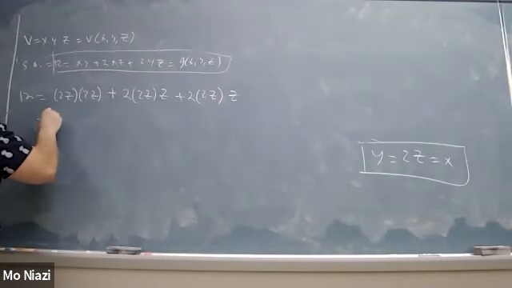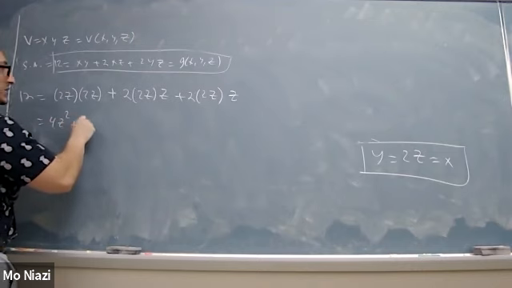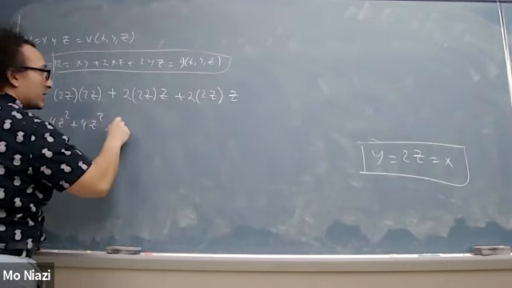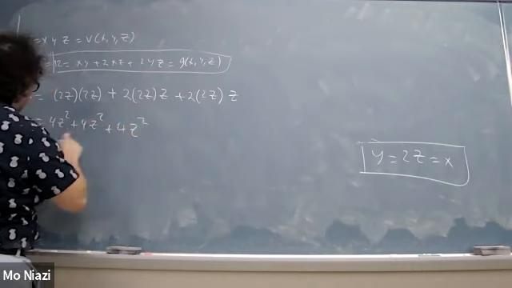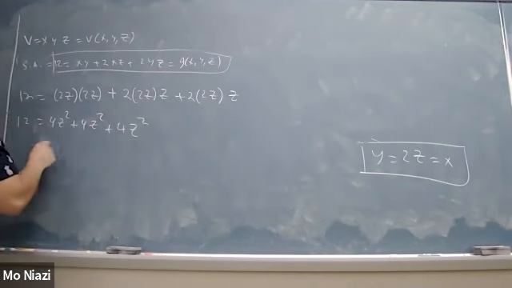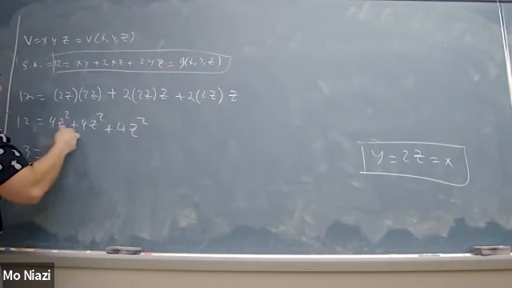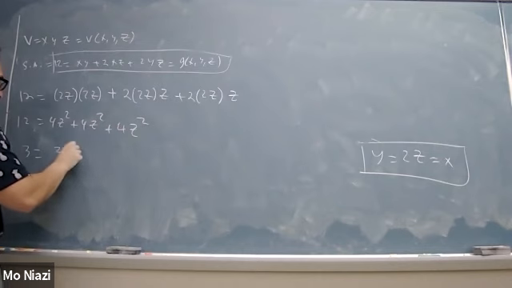So 12 is equal to 4z squared plus 4z squared plus 4z squared, which is equal to 12. I can factor out a 4 and divide by 4. And so I get 3 is equal to z squared plus z squared plus z squared, which is 3z squared. Divide both sides by 3.